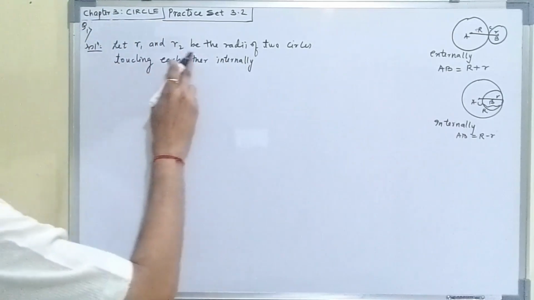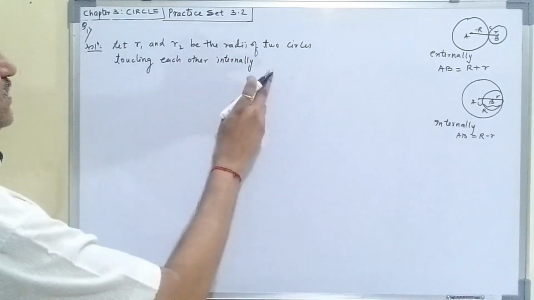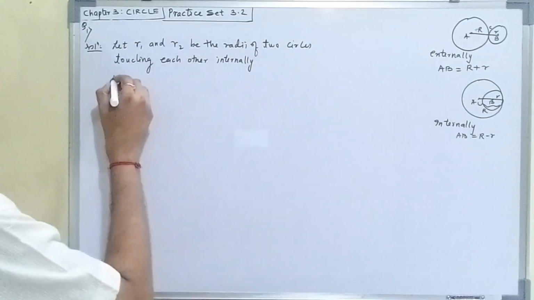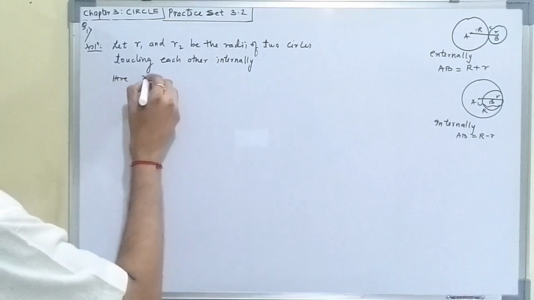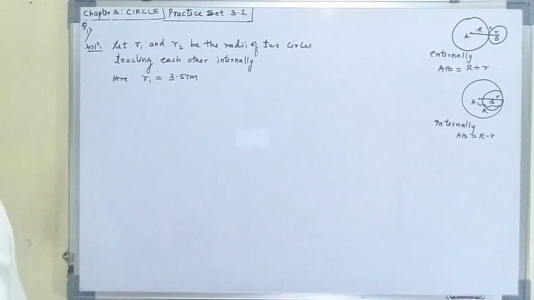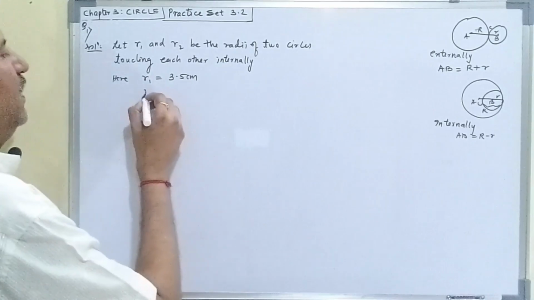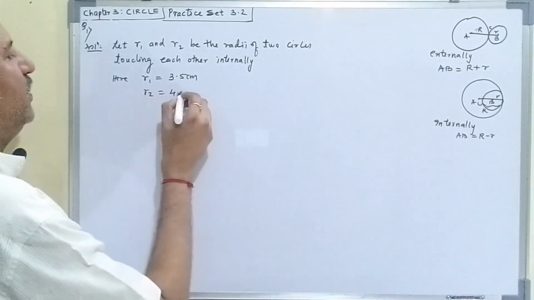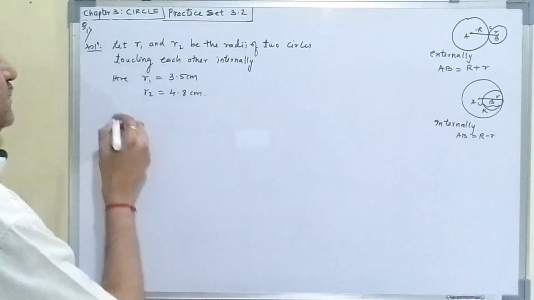So let R1 and R2 be the radii of two circles touching each other internally. Here R1 is equal to 3.5 centimeters. मेरे ख्याल से वही है ना? 4.8. And R2 is equal to 4.8 centimeters.